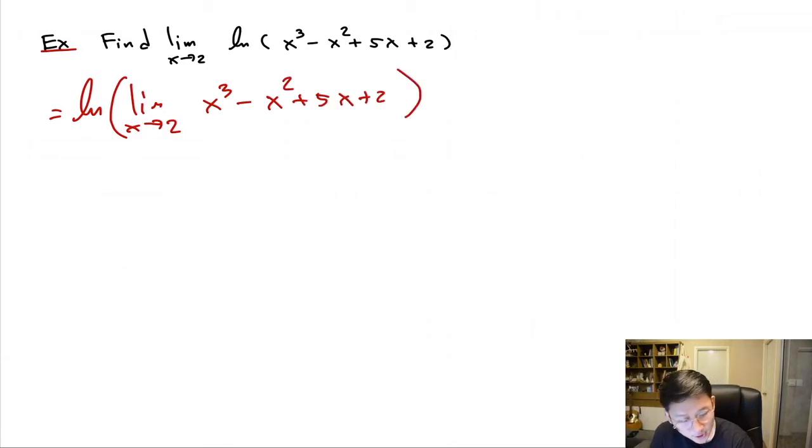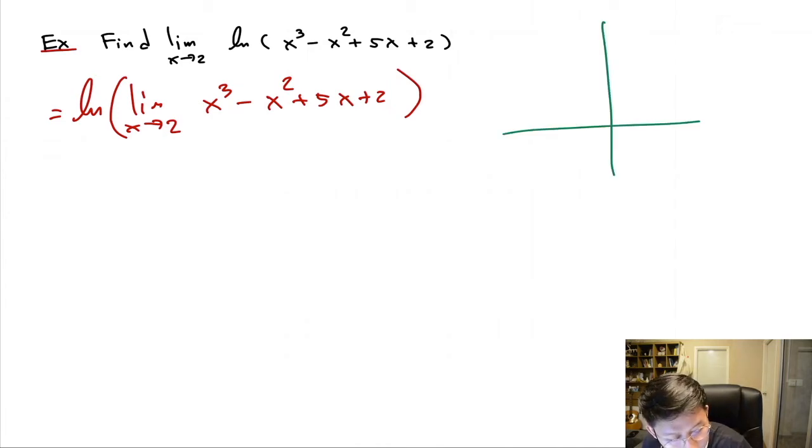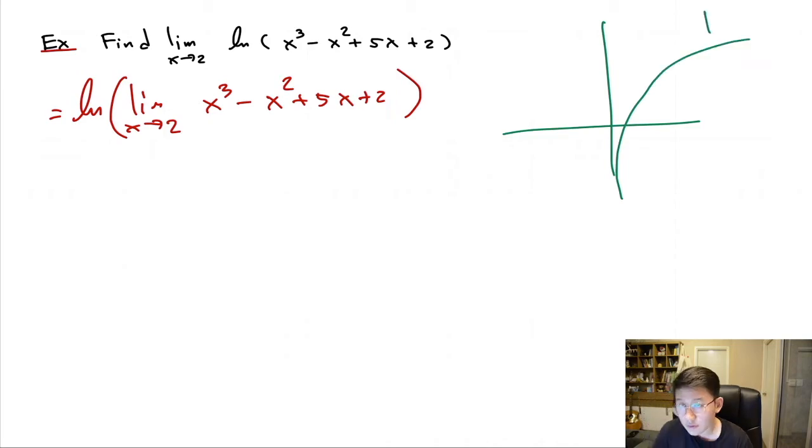Why? Because I know that the graph of the log function is continuous when x is positive. But right now, don't forget, we're looking at the limit as x approaches 2, which is positive. So log is continuous for any positive value.